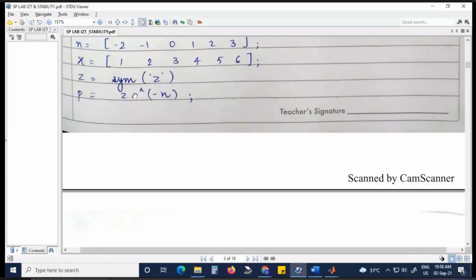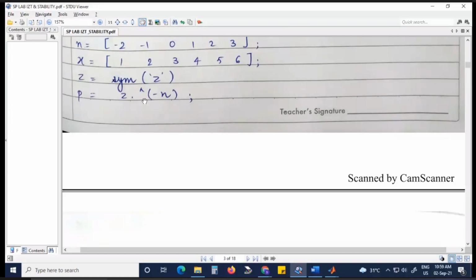Once this variable, this symbol, is multiplied with each and every value of n in the form of a matrix, first it will be when n is equal to minus 2.